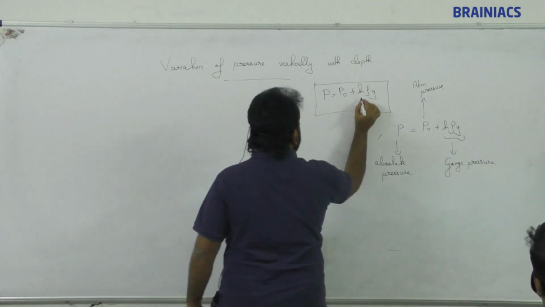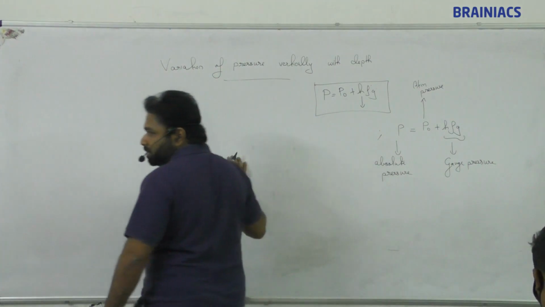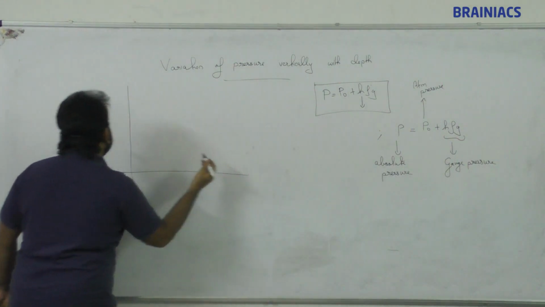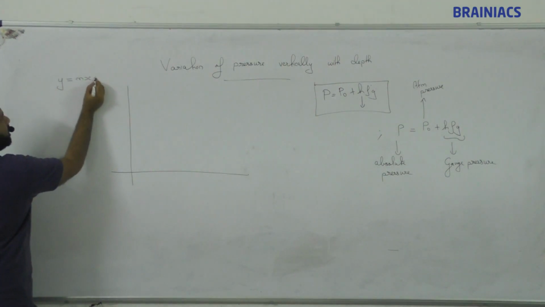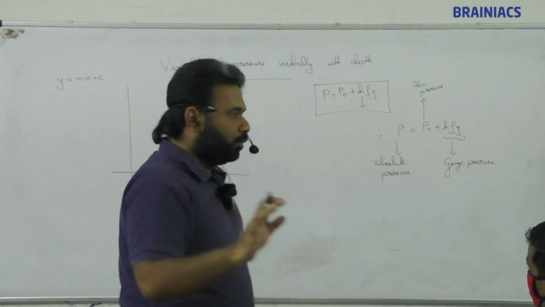Who is the variable here? h. Rho and g are all constant. So the equation of a straight line is y equals mx plus c. Those who don't know the equation of a straight line can study it now. No need to think that you do not know.